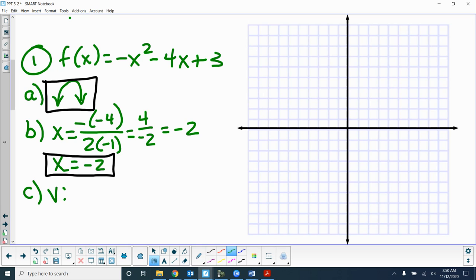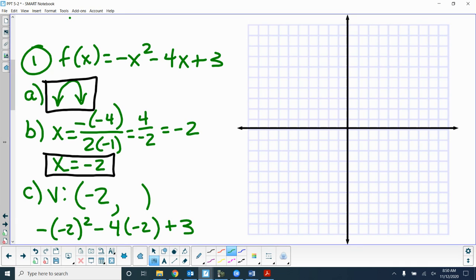C, the vertex is negative 2. And then I'm going to go negative 2 squared. Oh, and the negative out front, don't forget that. Minus 4 times negative 2 plus 3. Okay?